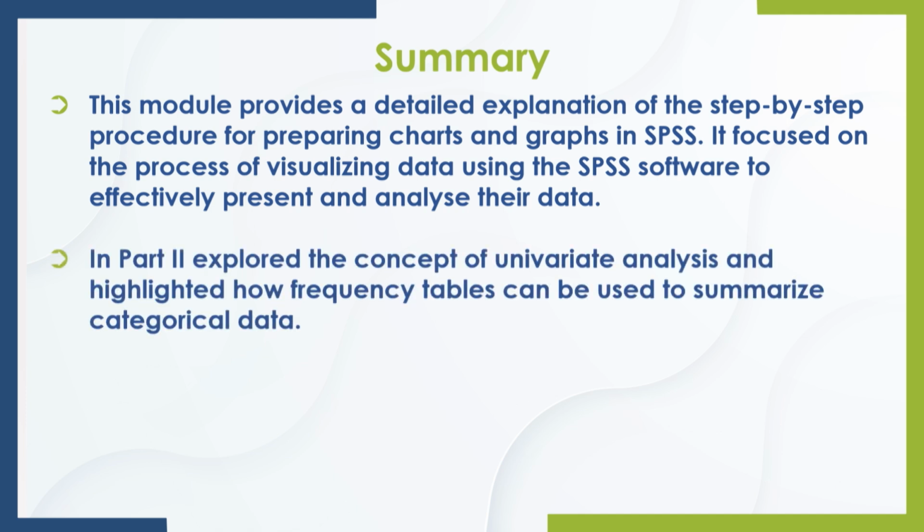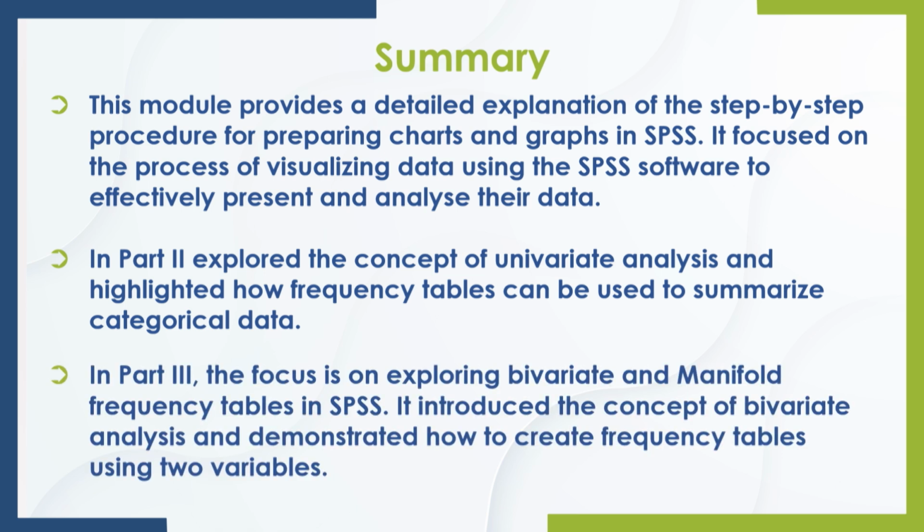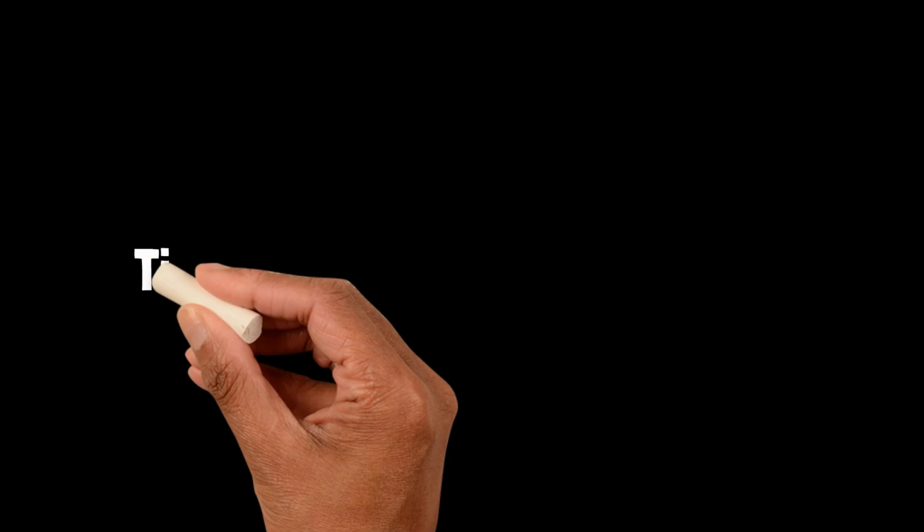In part 2, we explored the concept of univariate analysis and highlighted how frequency tables can be used to summarize categorical data. In part 3, the focus is on exploring bivariate and manifold frequency tables in SPSS. It introduced the concept of bivariate analysis and demonstrated how to create frequency tables using two variables.